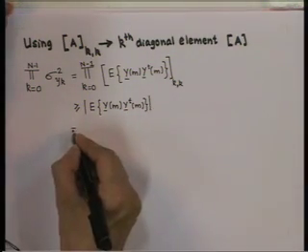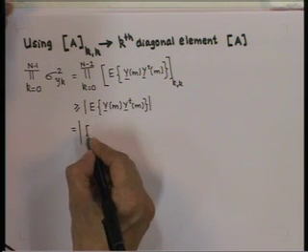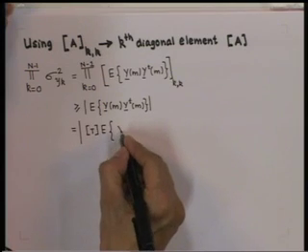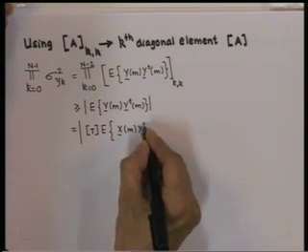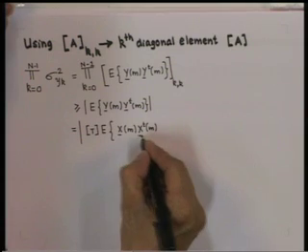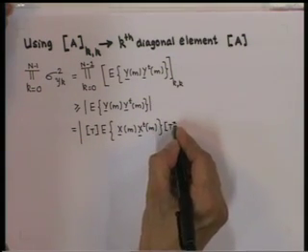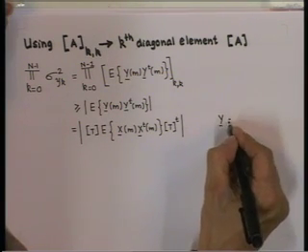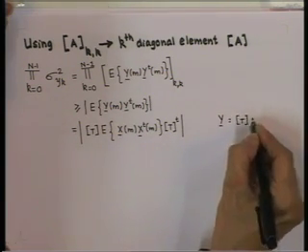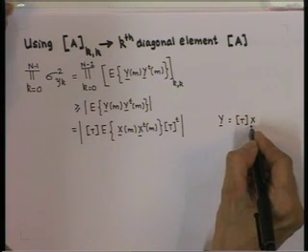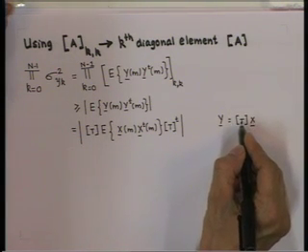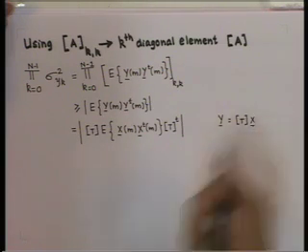Now, this can be rewritten as, because y is equal to transform T operating on the vector x.